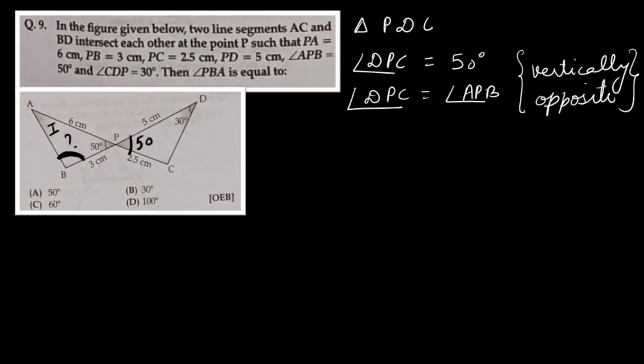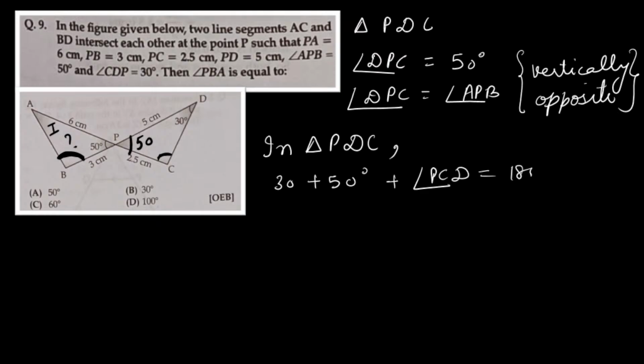Now in these two triangles, what will be the value of angle C? We can find this angle also by using the angle sum property. In triangle PDC, if I use the sum of all the angles, 30 plus 50 plus angle PCD is equal to 180 degrees.